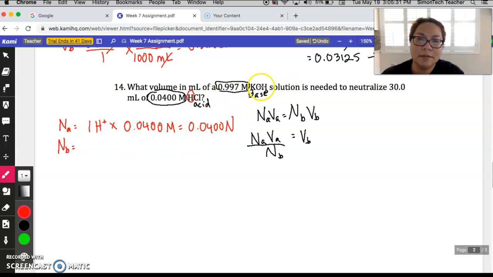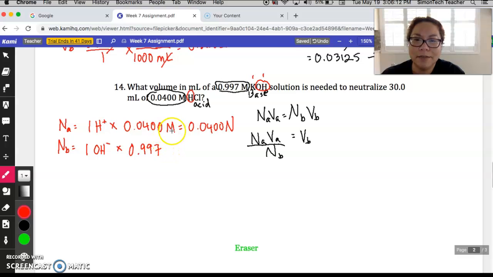Now let's try to figure out the base, the normality of the base. Look at the base here. It's potassium hydroxide, and we are looking at the OH polyatomic ion for this one. And it seems like there is one OH. I put a negative there. Sorry, that's just habit. We've got one OH for every one potassium. So it's just going to be one hydroxide ion, the OH, and the total molarity of the entire molecule there, the entire compound, is 0.997.